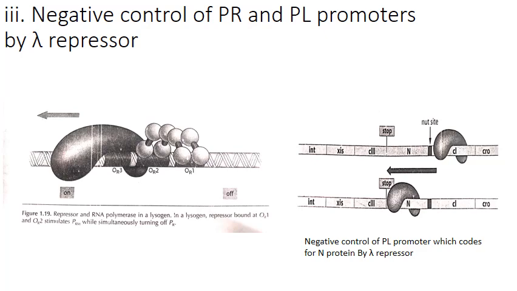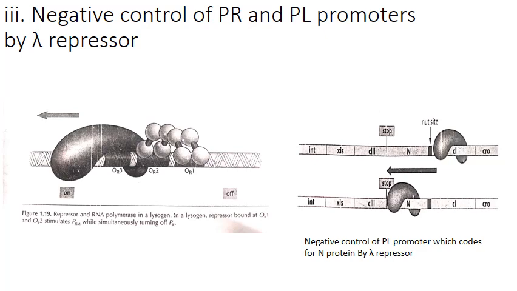Now there is the presence of the PL promoter, which synthesizes the N protein, which is essential for the lytic cycle. As the lambda repressor is on and it is needed for the lysogenic cycle, eventually the PL promoter should be switched off.